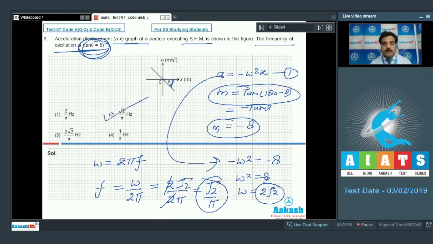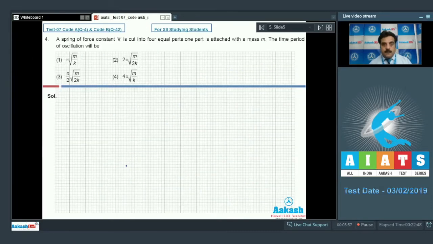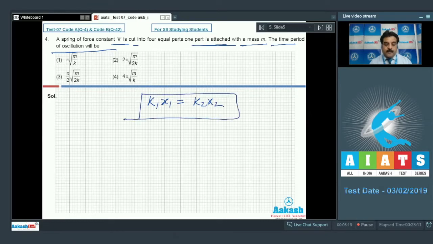Let's move on to question number 4. In question number 4, a spring of constant K is cut into 4 equal parts. This is an important question. One part is attached with a mass m, meaning the L by 4 part is attached with the mass m. This type of question you can solve because you know K1 X1 is equal to K2 X2, where X1 and X2 represent the length of the spring.